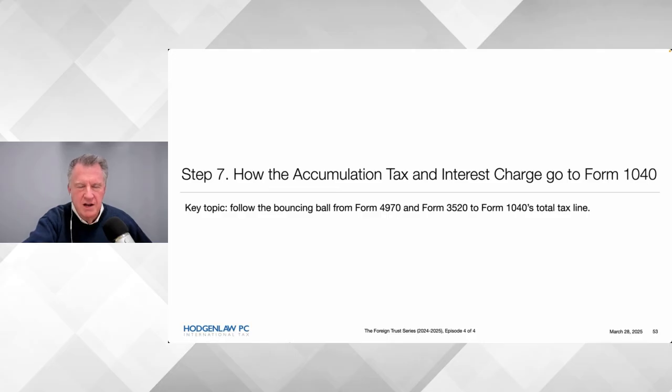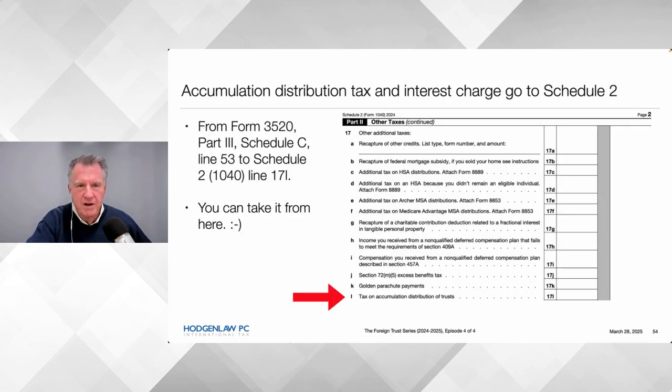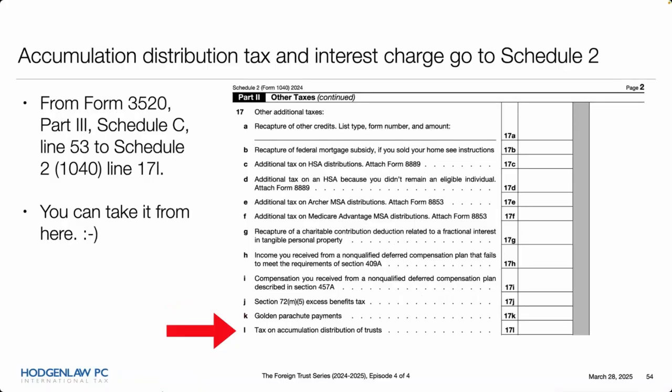Finally, let's take it almost all the way home. You take that number from the bottom of Schedule C, line 53, and it goes to Schedule 2 of Form 1040 on line 17L, and then drops down to the subtotal at the bottom of the page.